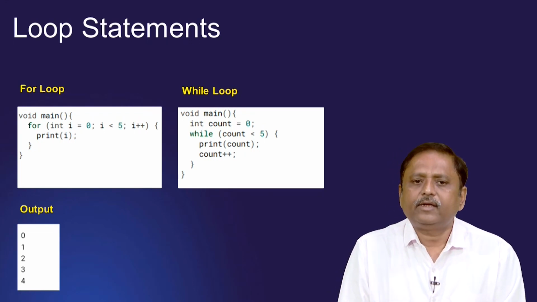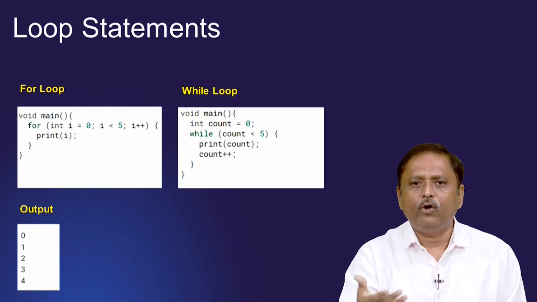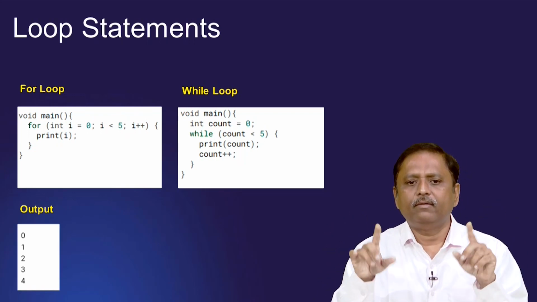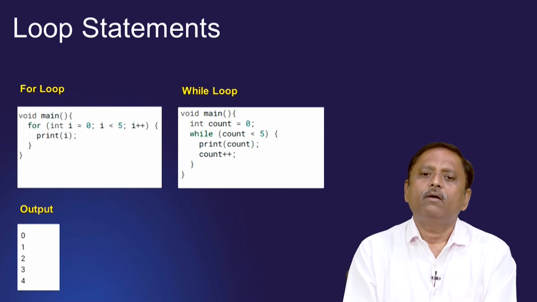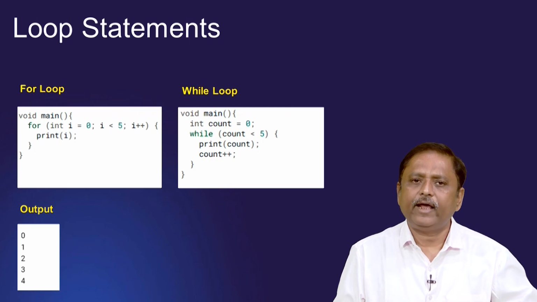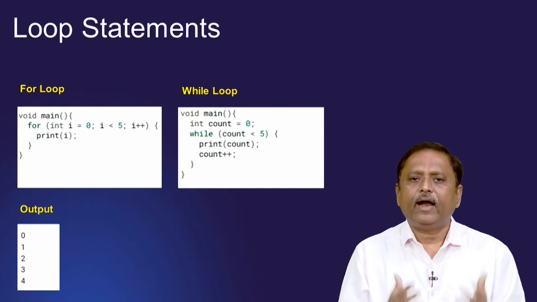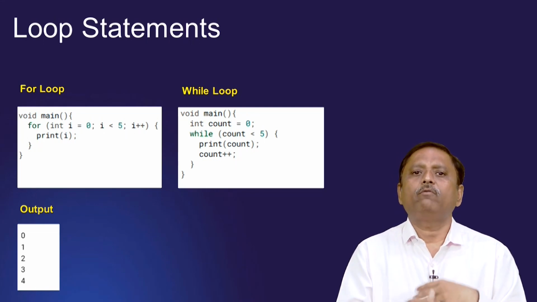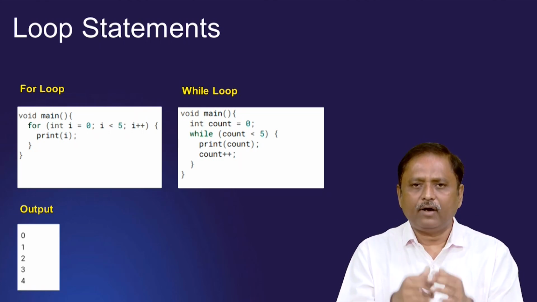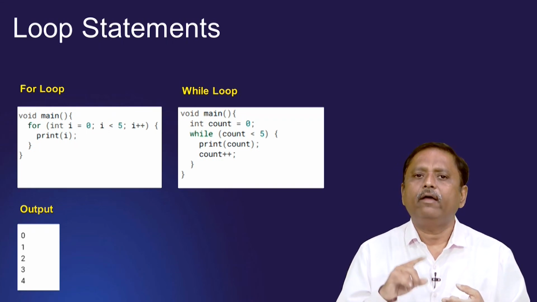You can see on the screen that the initialization part is immediately before the while loop, the condition part is written in while in parentheses, and the body of the while loop is denoted by curly brackets, which is the same as the for loop, and inside the body we write down the statements that we want to perform repeatedly. So, here we want to print count and increment the value of the counter variable by 1.